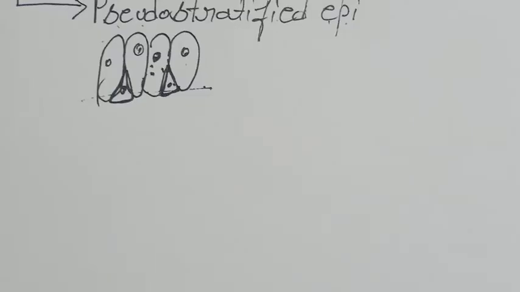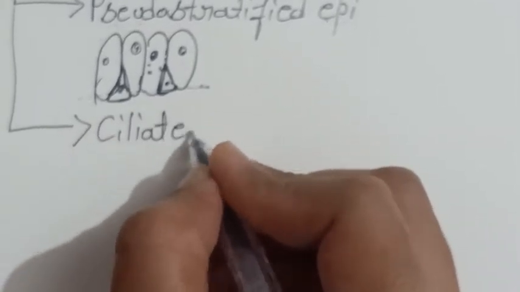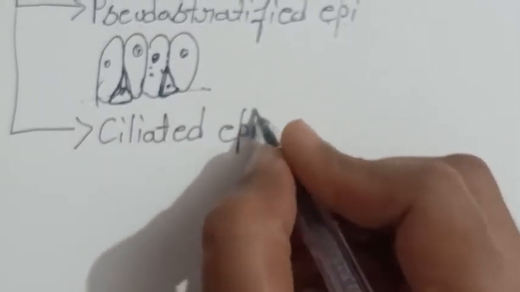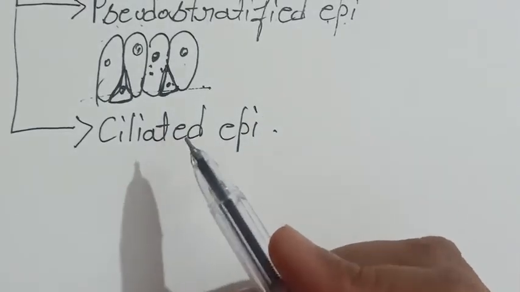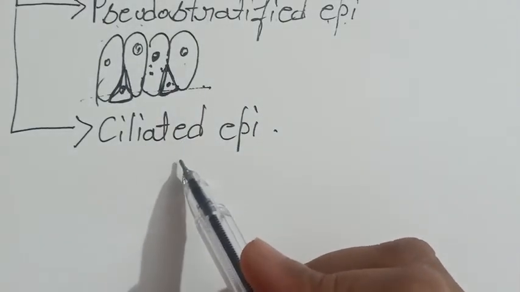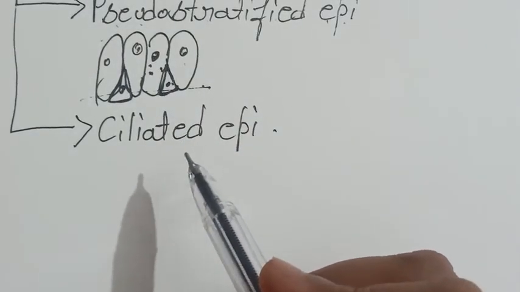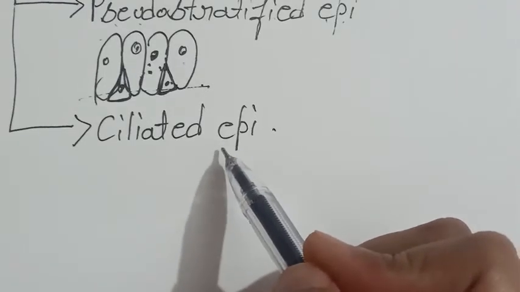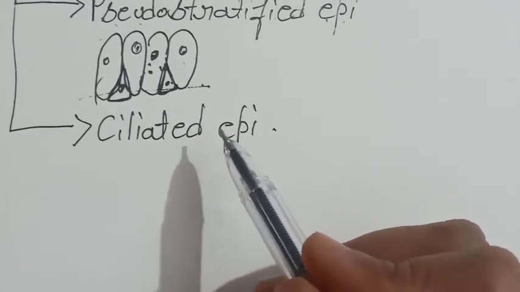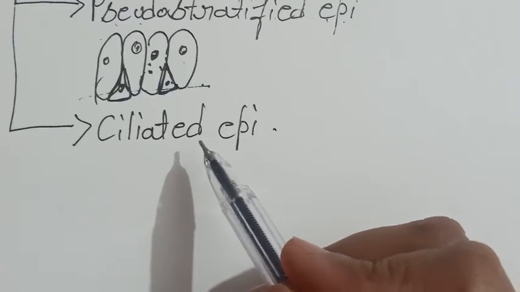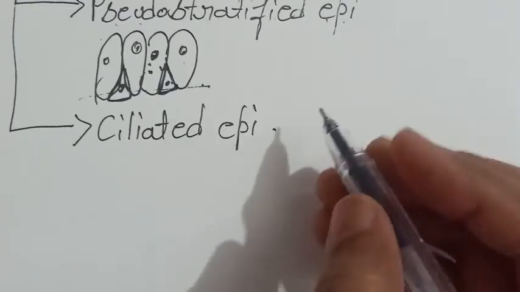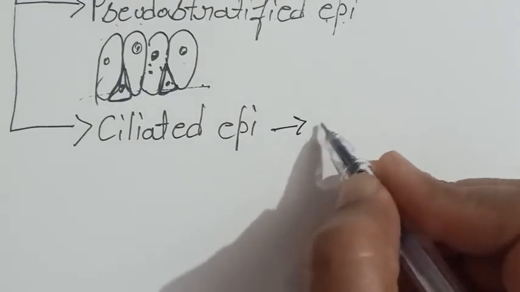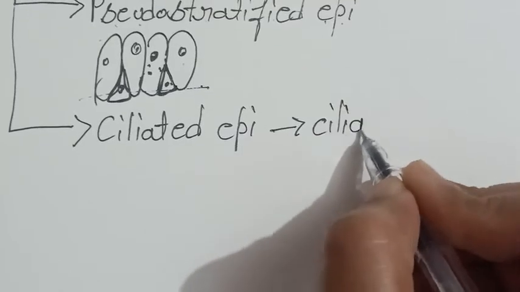Now student, next to this is ciliated epithelium. In this type of epithelium, the cells may be cuboidal, columnar, or pseudostratified. On its free surface are present very fine hair-like structures, and these are called cilia.